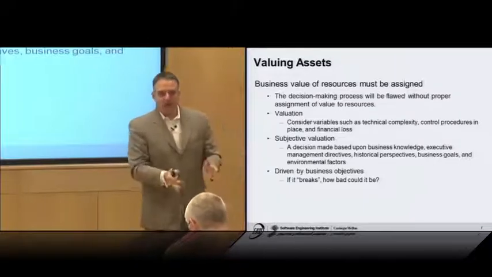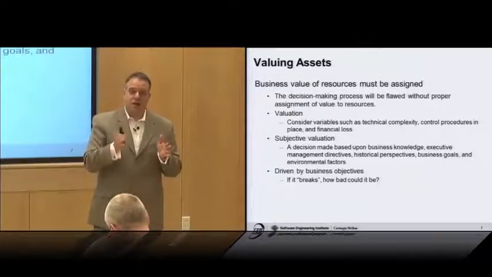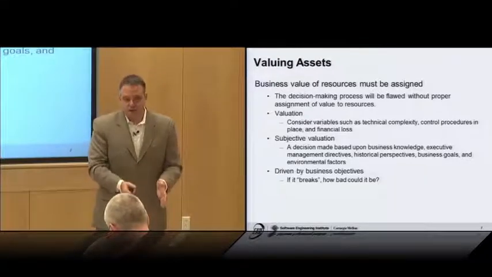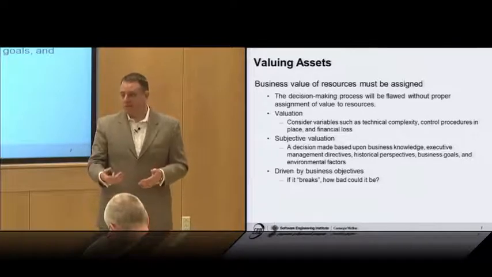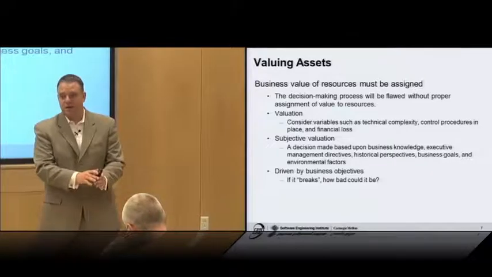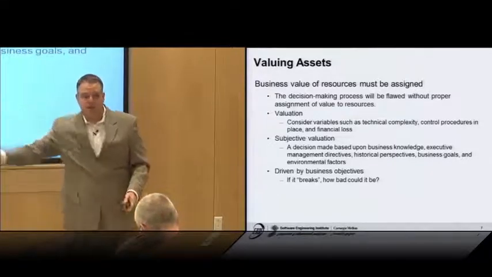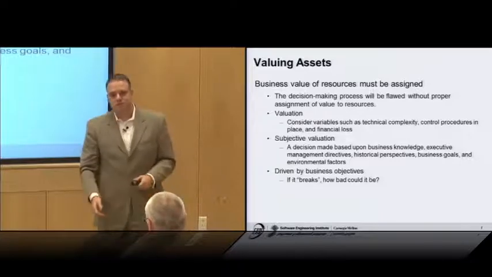If one of the primary data feeds into this process is my assets, and I don't have a good understanding of what's critical with those assets, what will I end up doing? Wasting time on, say, the desktop that has no bearing on business impact when I should have been concentrating on a server or a web application.